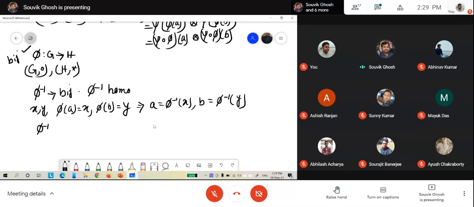Okay, so we are assuming that this x and y belong to H, such that phi of a is equal to x and phi of b is equal to y. So we can write a is equal to phi inverse x and b is equal to phi inverse y.